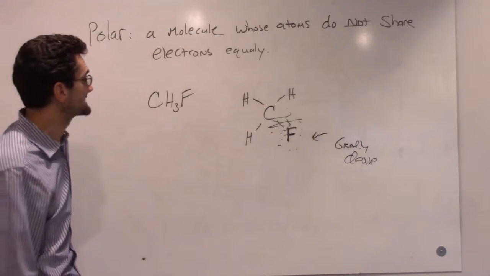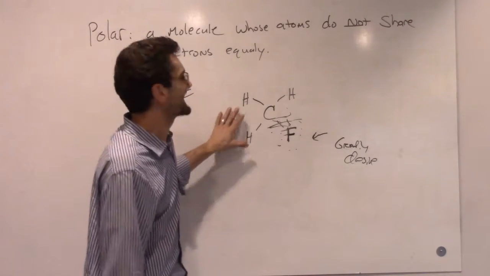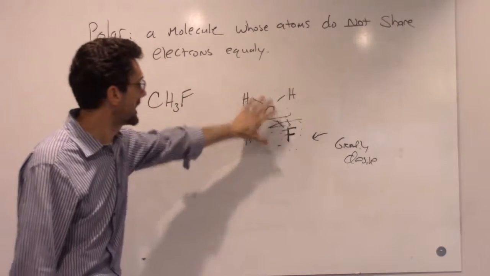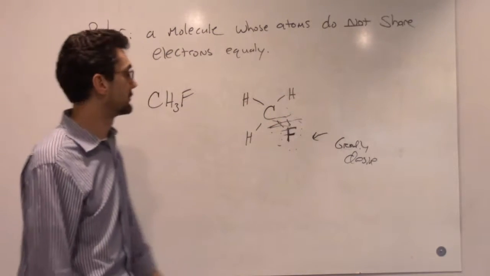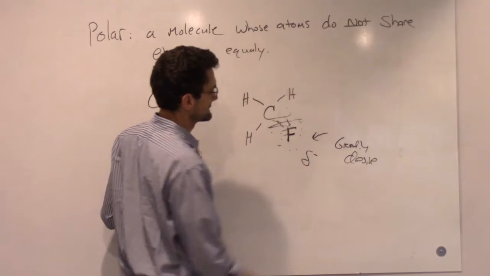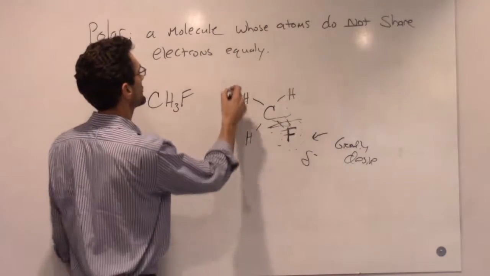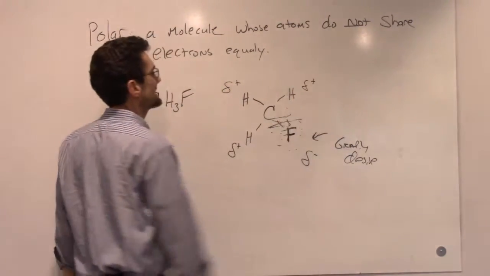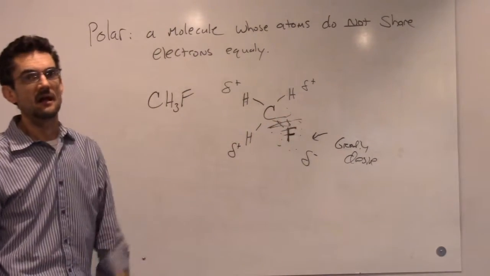Because it's polar, it has a dipole moment. A dipole moment means a temporarily induced charge on this molecule because the electrons are spending more of their time around here. Because they're spending more of their time around here, we do this little symbol. That little symbol shows you that this side of the molecule is a little more negative and this side of the molecule is a little more positive, because the electrons like to hang around down here.